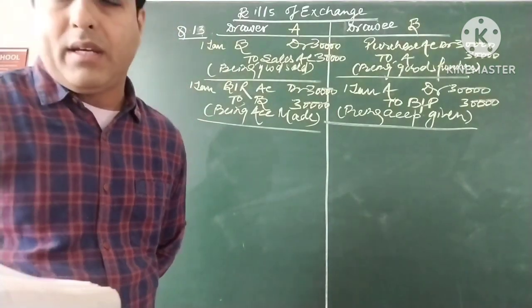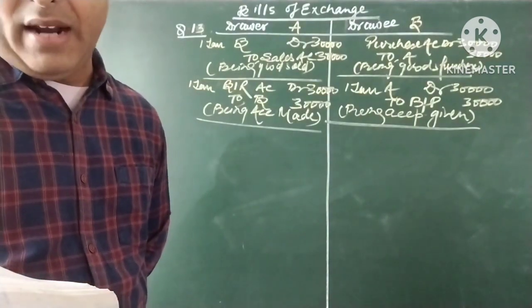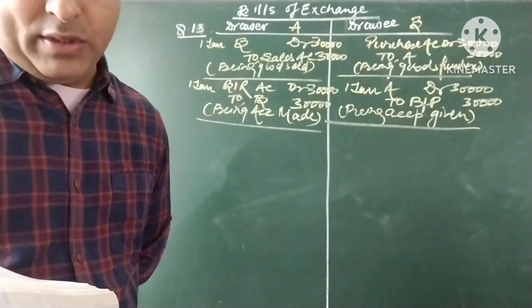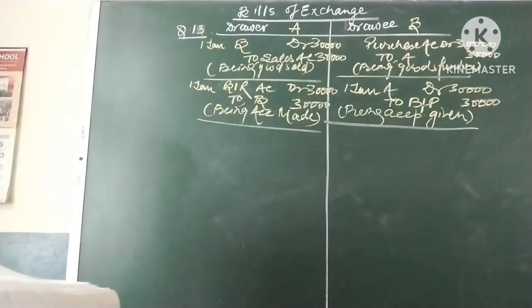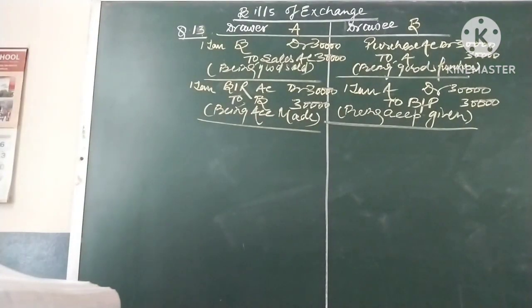On 4th Feb, B accepts it and returns it to A, who discounts it on 4th Feb with his bank at 18%. So what is the entry?